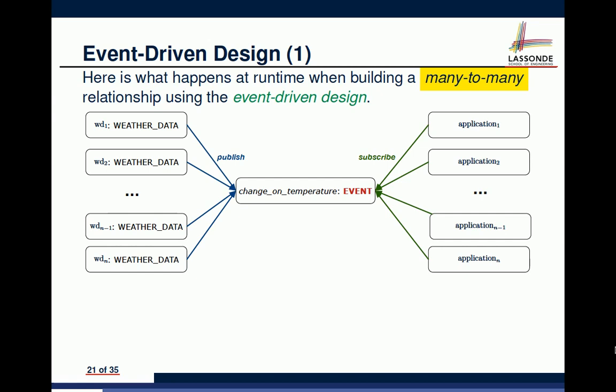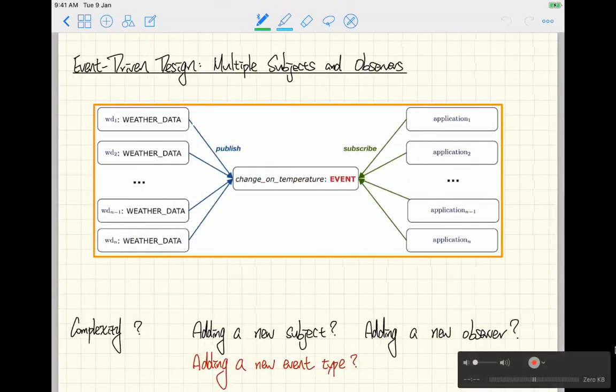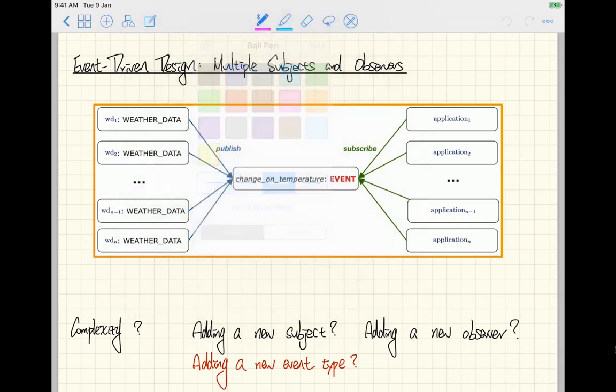Okay, let's see a little bit more precise picture. Okay, basically in our case, let's simply have something like this. So let's say we declare eventually we're going to have a data type called events. Eventually, we're going to see how this is defined a little bit later. Change on temperature. So it's just events.